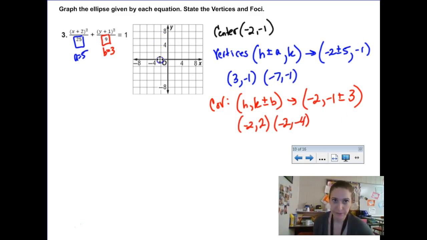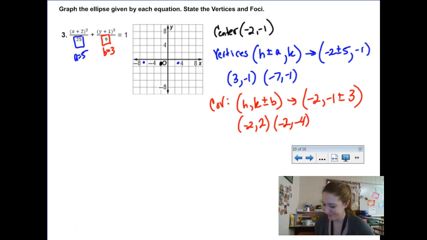Counting by 2s again. -2, -1, there's your center. Major vertices are at 3, -1, and then -7, -1. Oh, for Pete's sake, -1. I quit. I'm gonna vote that we no longer count by 2s ever again.